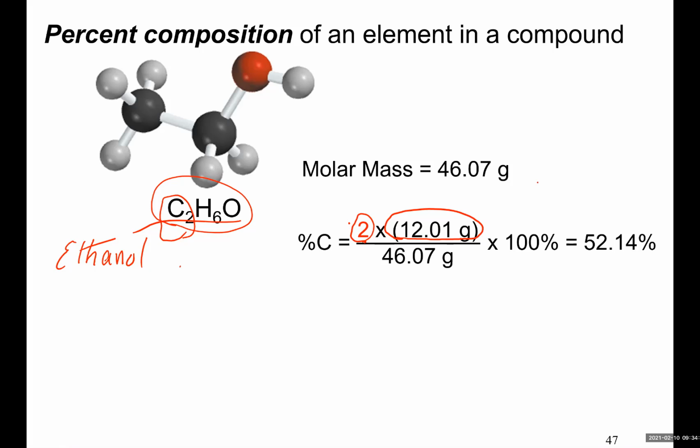You divide it by the total mass of 1 mole of the molecule, times 100, because it's percent, and you get the percent of carbon in this compound is 52.14.